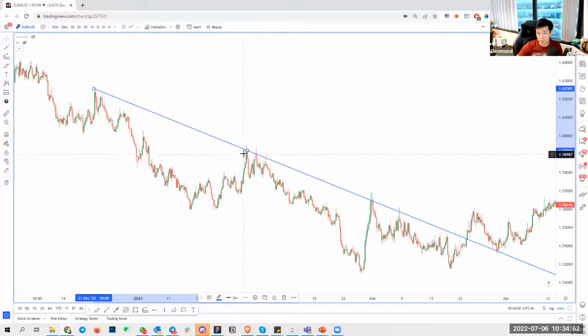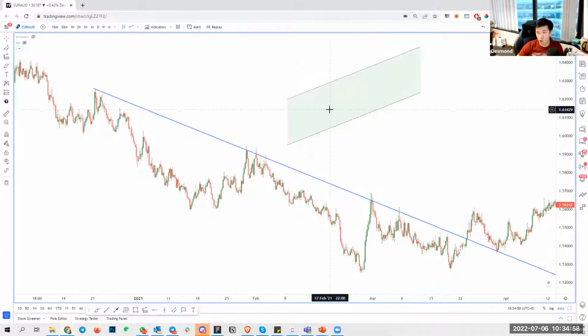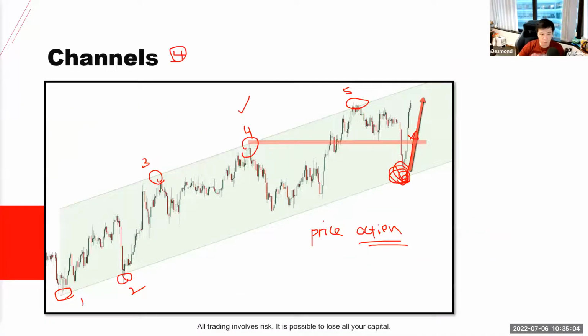When you're trading with trend lines and channels, a channel, like I said, is just two parallel trend lines. The problem with channels is that they are a little bit unreliable. So the channels are used more as a gauge, to know that, okay, price is moving up, it's bullish momentum, I'm looking for bullish reversal.